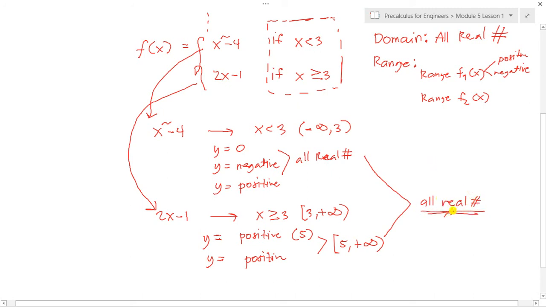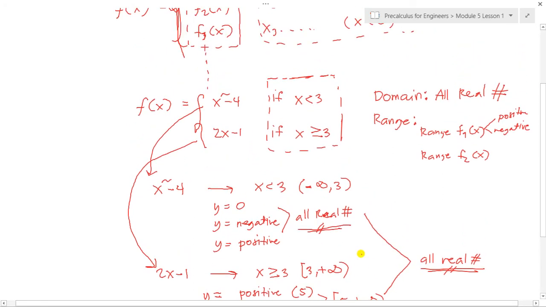If the instruction is you are going to find the individual range of your piecewise function, then mao na imong answer. The first function is all real numbers. The second will start at positive 5 hanggang positive infinity. So nakuha ra?